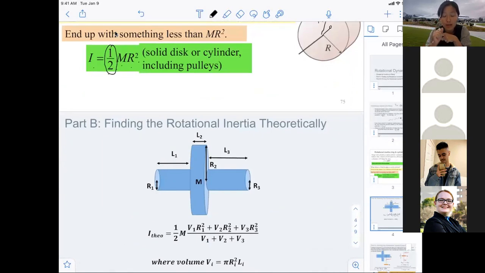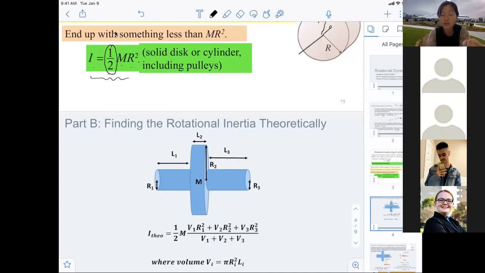One way is actually part B, but I want to talk about part B first, because part A involves taking in experimental data, and we will save that a bit later. First, you can find rotational inertia theoretically. Didn't you tell me that the rotational inertia for a disk is 1/2 mr squared? That's theory. I could use that theoretical formula and simply plug in the different masses and different radii.